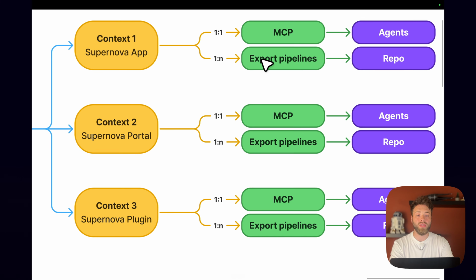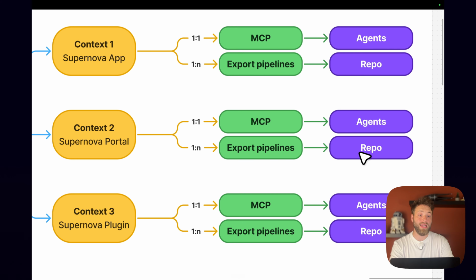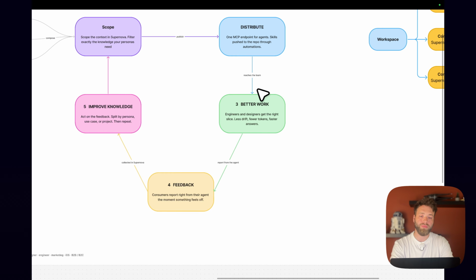Every single context has an MCP, and you can also export pieces of the context to the repository with automation pipelines. So that's the setup. Your agents get everything through the MCP, or you can export it to a repository and manage it like that.